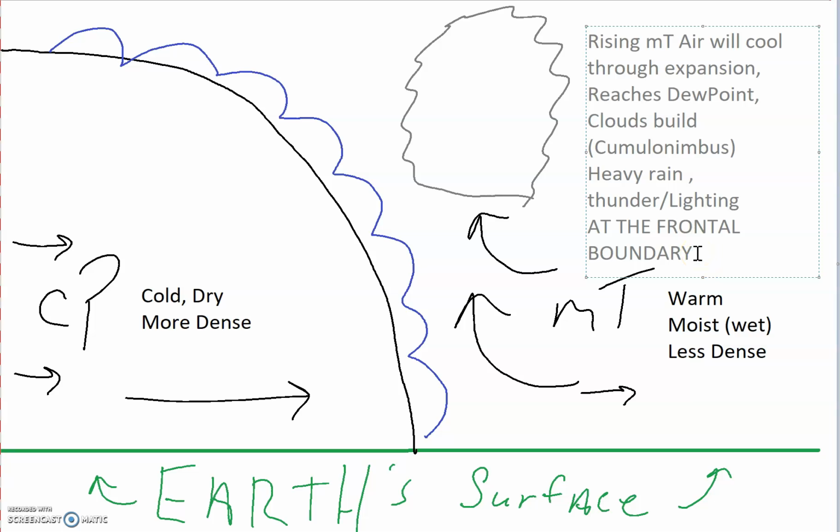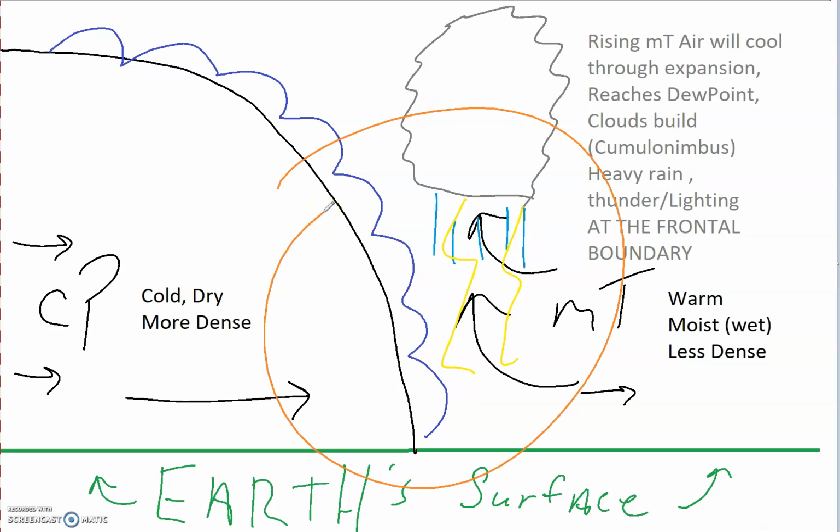All of this is occurring here. So again, heavy rain's coming down, right? We have a lot of, all right, heavy rain coming down. So here's our rain. We have lightning and whatever associated thunder. And it is all concealed or kept at this frontal boundary right there, okay?